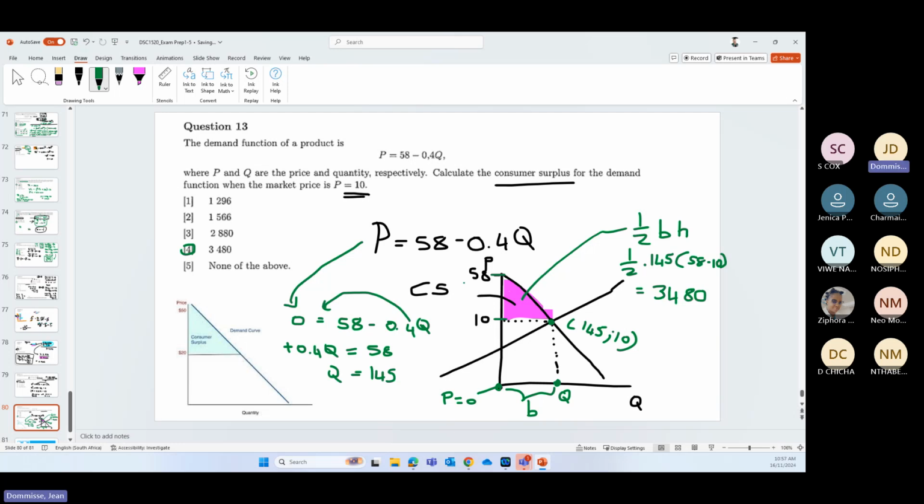Be very careful with a question like that, because demand function, we know that is the demand function. What they sometimes do is they write it in a different format. So I've seen it before that instead of writing it as price is equal to, they could have done this.